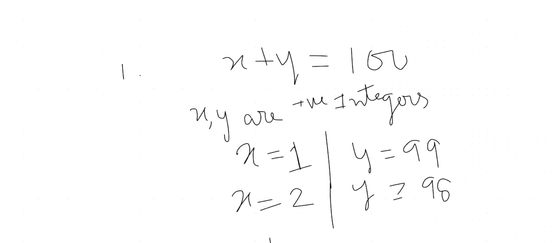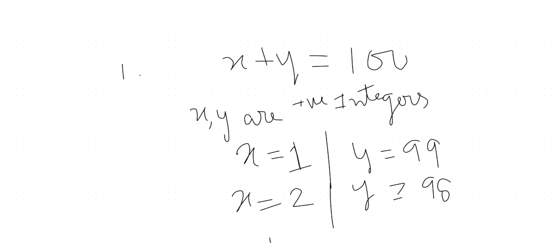So if x is starting from 1, it goes on to 99, and then therefore you have different values of y. But remember, these are all positive integers. That is how you are able to solve for solutions, right?